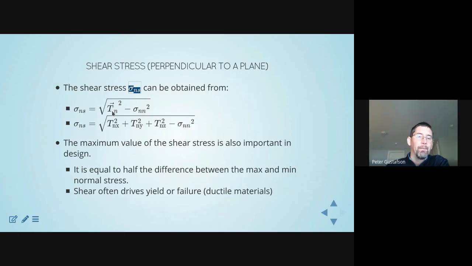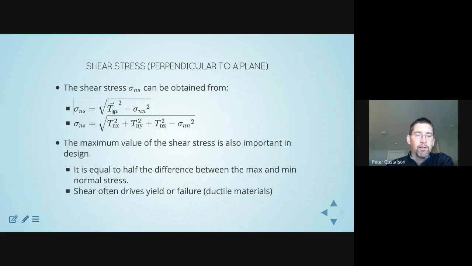Since the magnitude of the traction is the square root of the sum of the squares of the normal and shear components, we can do simple mathematical manipulation to say that the shear component is related to the normal component and the planar traction.